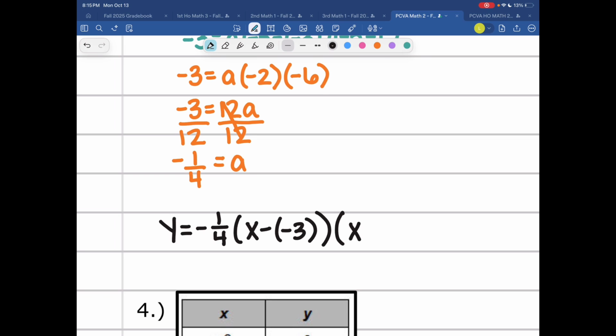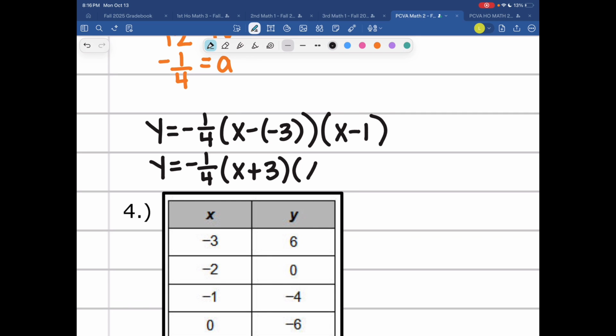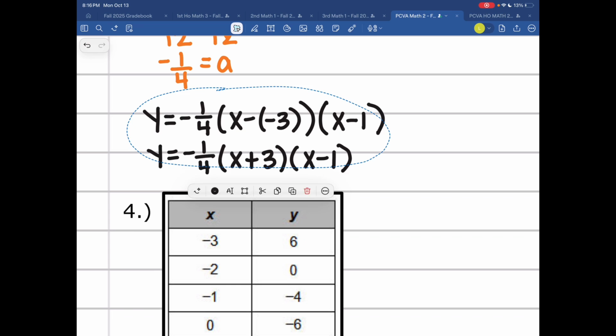And then we have x, and our n is positive 1, so we're going to subtract that. Now, what happens when we have minus a negative? That's going to turn into x plus 3. So just keep that in mind. It's going to look like the opposite sign when you substitute it in, because the original formula is in fact a subtraction sign. Okay.